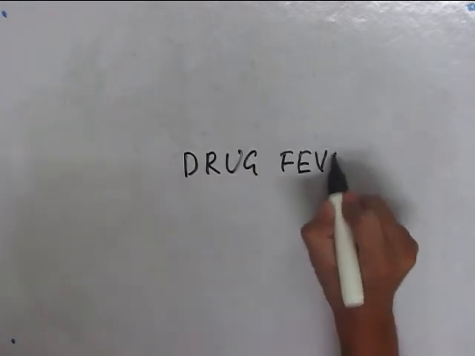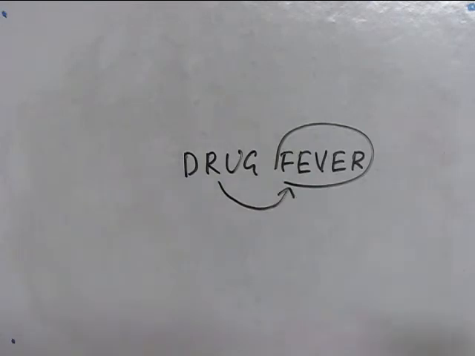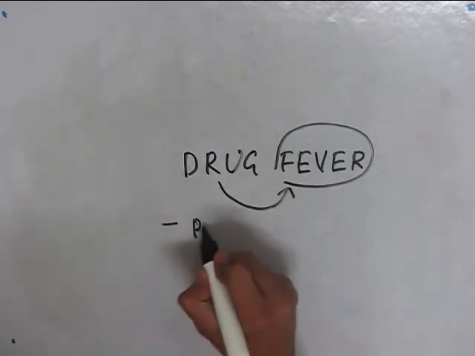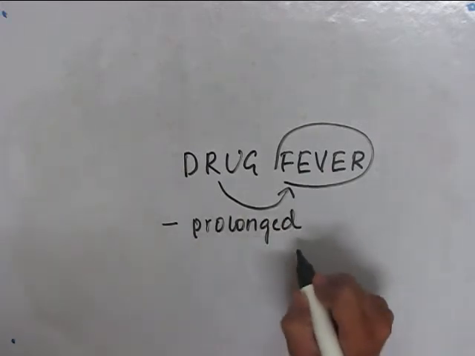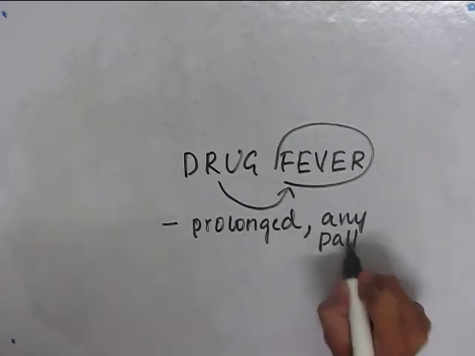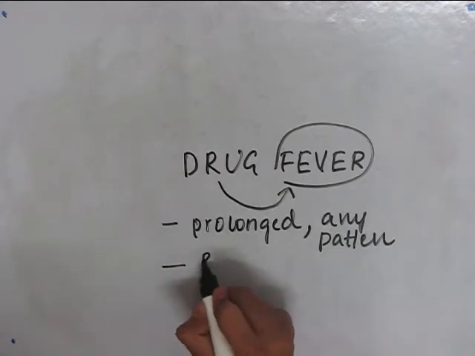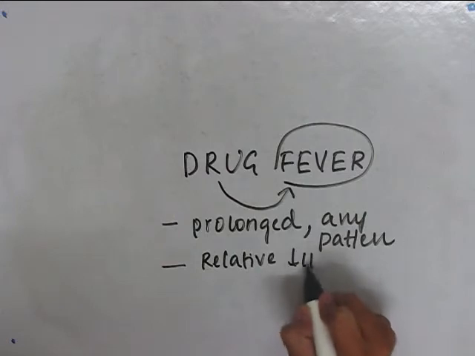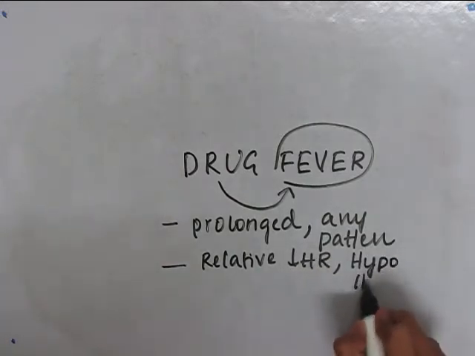As the name suggests, it is the fever which is caused due to the drugs. And the characteristic feature of this is, it is a prolonged type of fever. It can be of any pattern, as I mentioned above, and there is relative bradycardia, that is decrease in heart rate, and there is hypothermia.